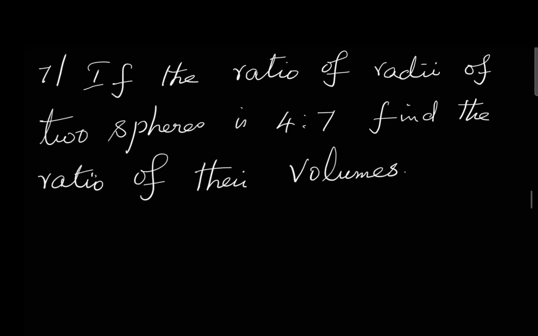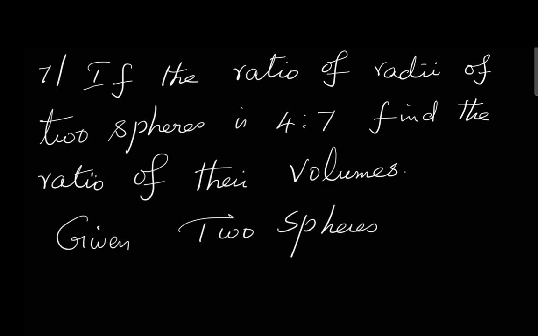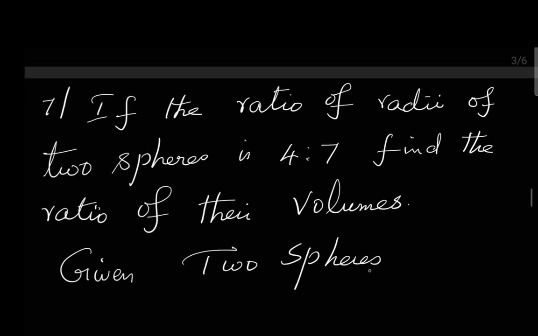See question number 7. If the ratio of radii of two spheres is 4 is to 7, find the ratio of the volumes. First you take the given concepts. Given two spheres, the ratio of the radii.